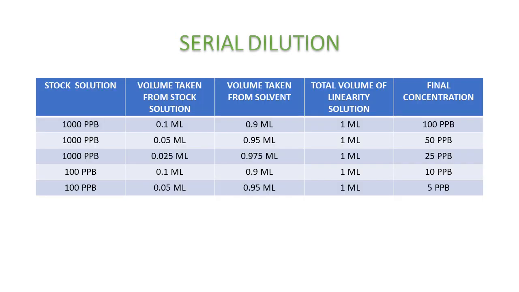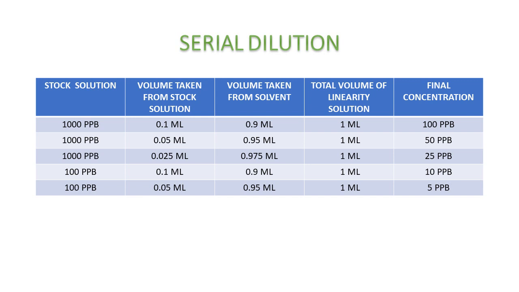Now come to the serial dilution. The serial dilution will be prepared as 100 ppb, 50 ppb, 25 ppb, 10 ppb and 5 ppb.